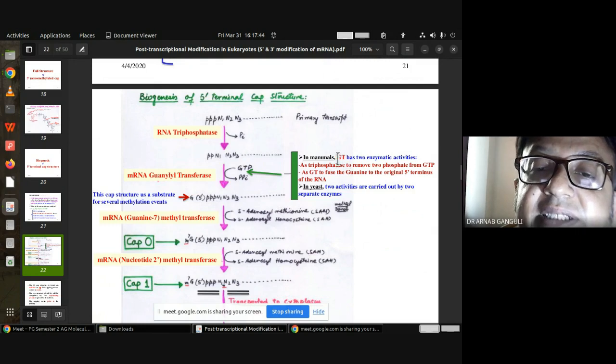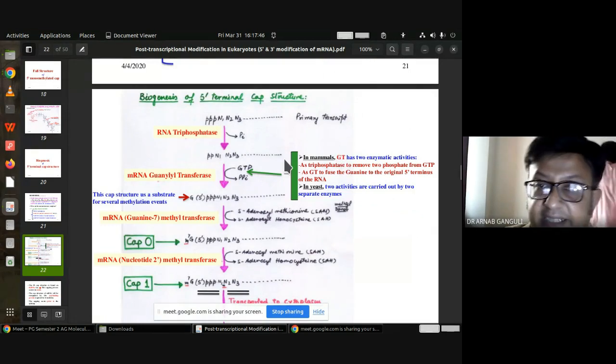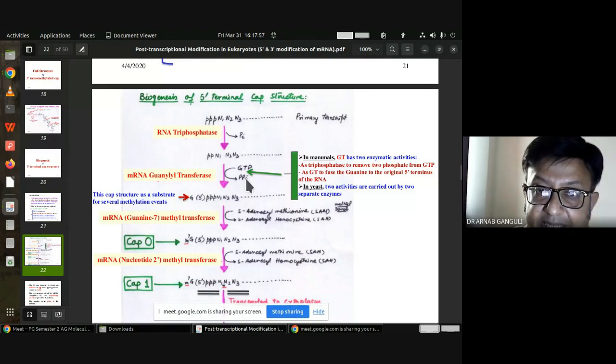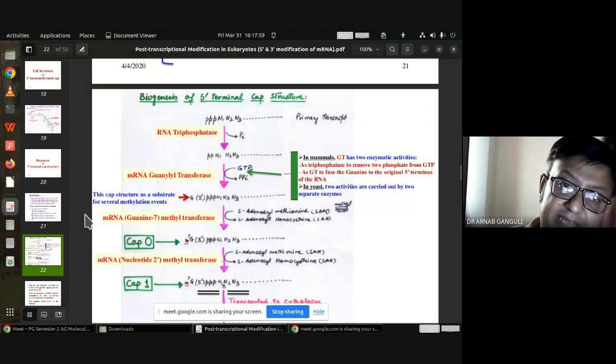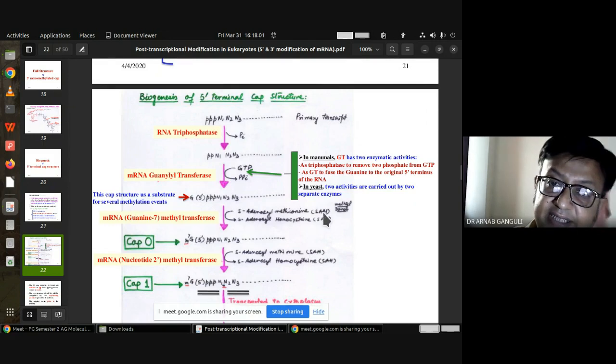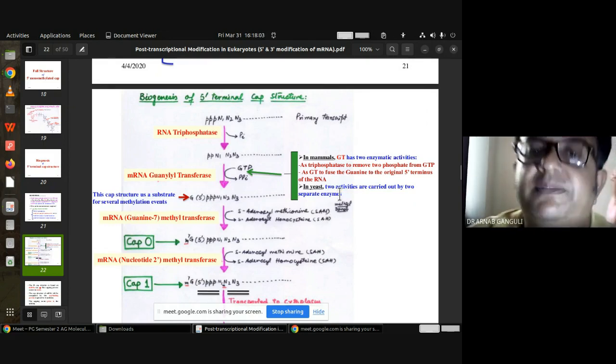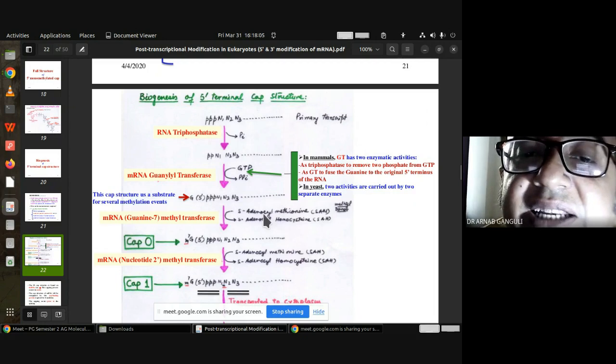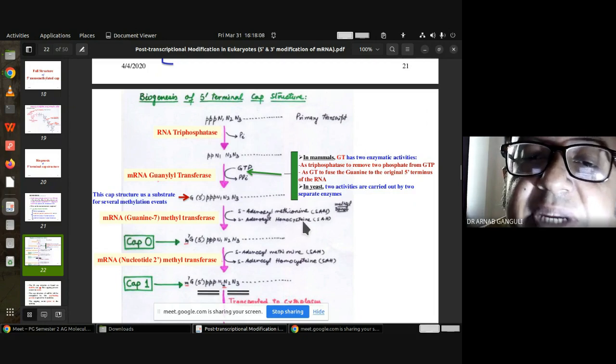In mammals, this guanylyl transferase has 2 enzymatic activities. It removes the PPi. And then this 5 prime cap is attached over here. Then 7-methyl guanosine transferase takes a methyl group from SAM, S-adenosyl methionine. It becomes homocysteine.